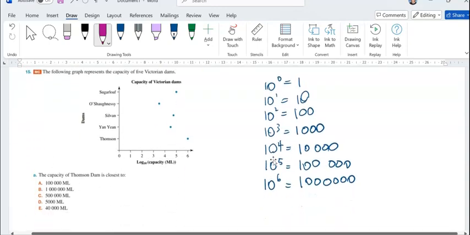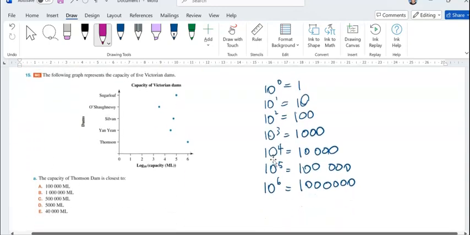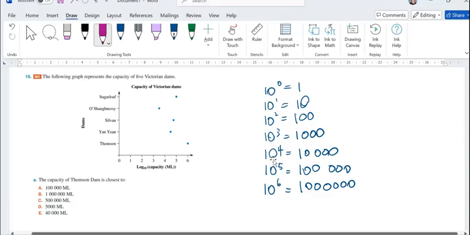The very final question is number 15. And again, this is talking about capacities of different dams. Again, it's another little scatter plot, a bit like the weights of the animals. And they're, again, relying on your knowledge of the scales on log base 10. So 0 meaning 10 to the power of 0.